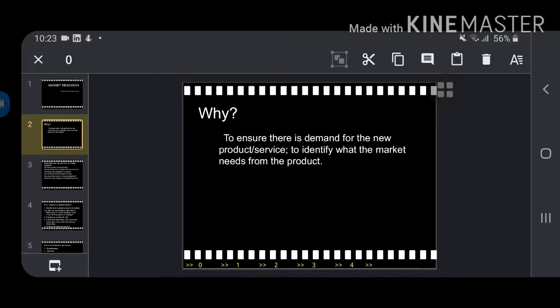In order to make sure that they do like your drink, before you launch your product, you have to do a survey to identify their preferences as far as drink is concerned. You want to know how much they can spend on a drink, what kind of flavor they like, things like that. So again, to identify what the market needs from your product.